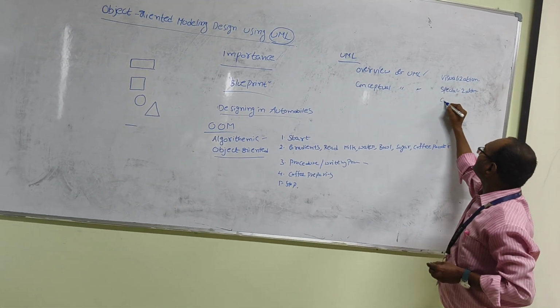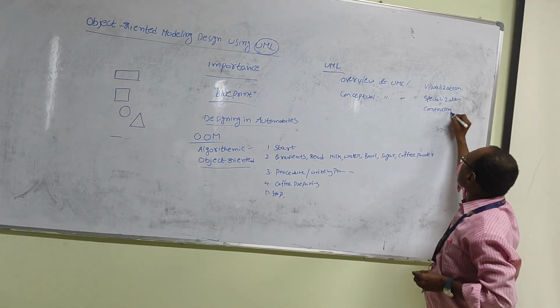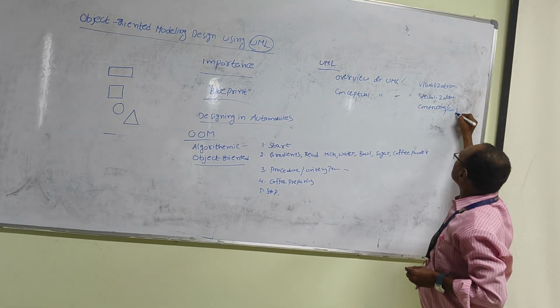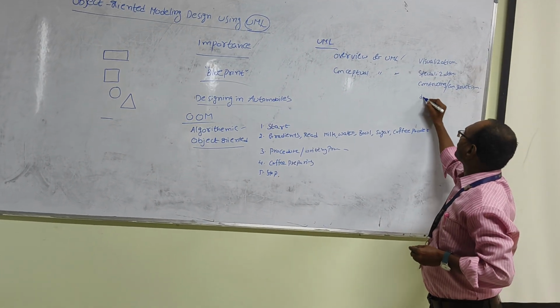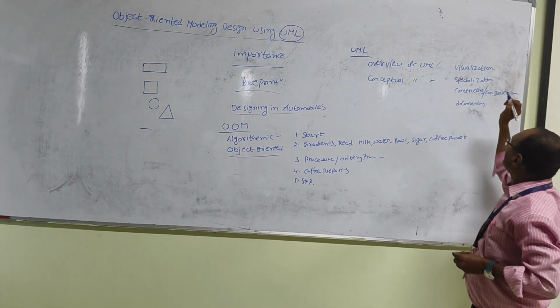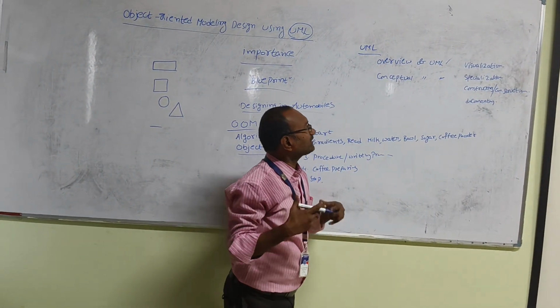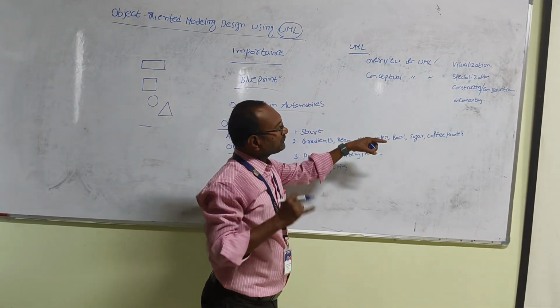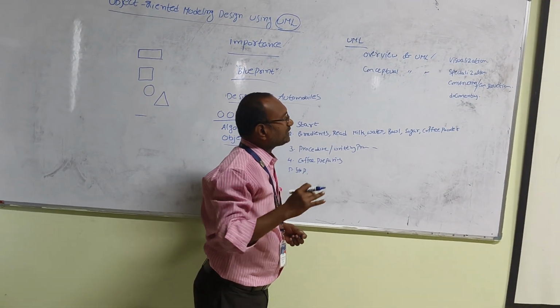Third one is construction, or constructing. Last one is documenting. In the UML concept, these four are the expansion: visualization, specialization, constructing, and documenting.